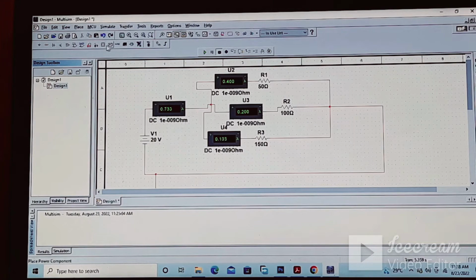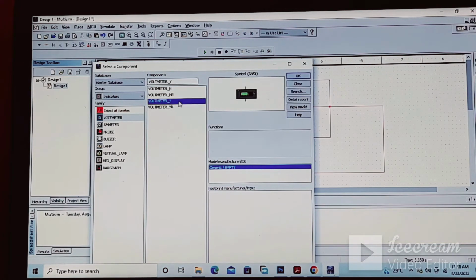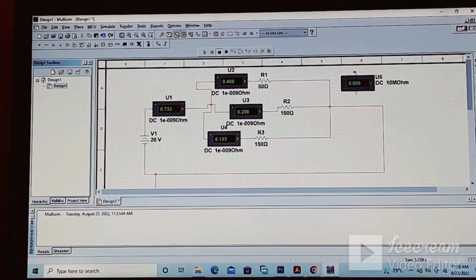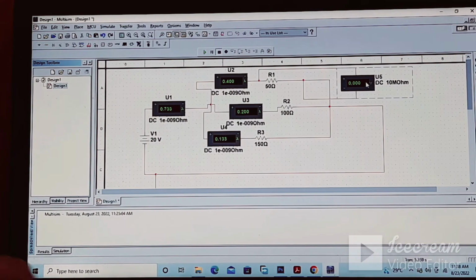If we are taking the voltmeter vertical, so easily we will check this value. So here this voltmeter will give us the reading of the voltage across the R2 resistor.